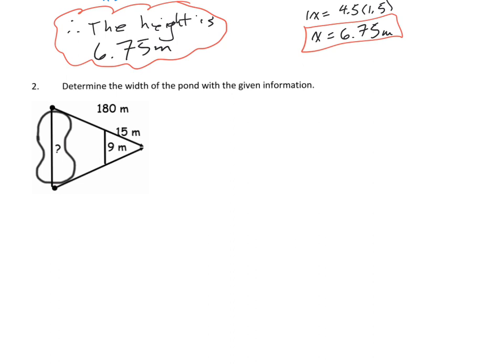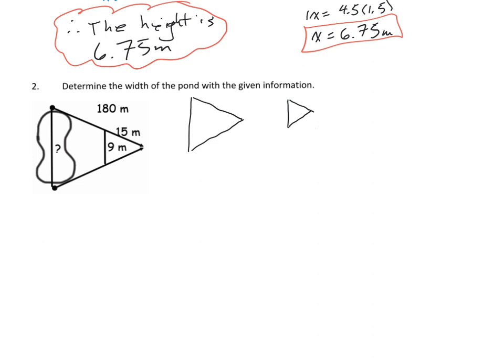We have a large triangle on the outside, and then a small triangle on the inside here. Now, we're going to separate those two triangles from the picture. So let's do that right now.